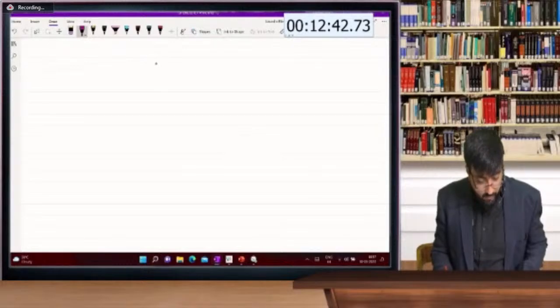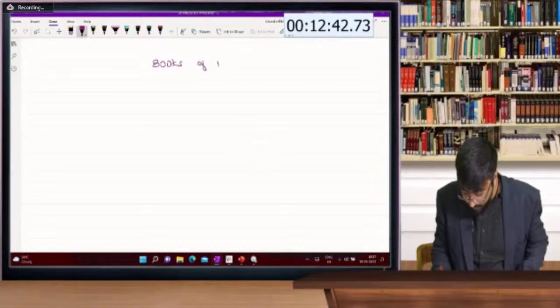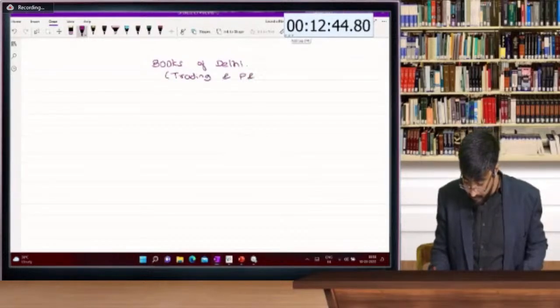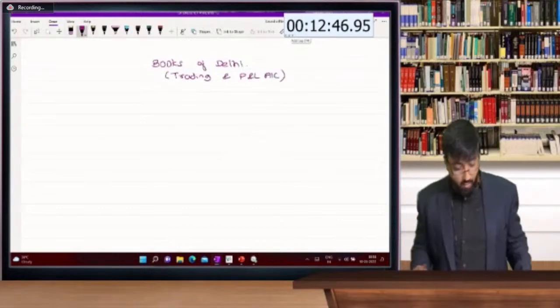Now, books of Delhi, trading and P&L account.